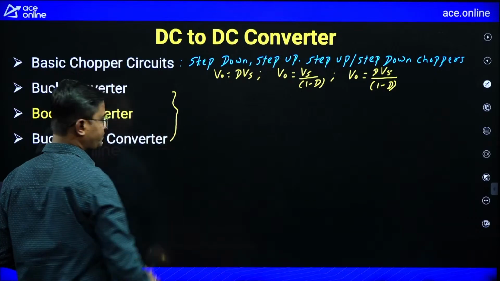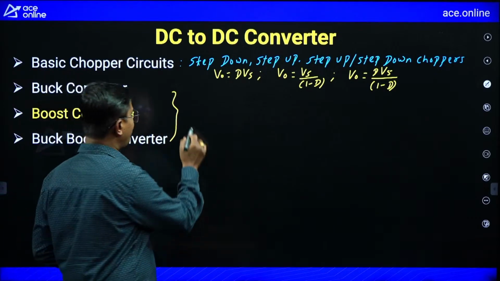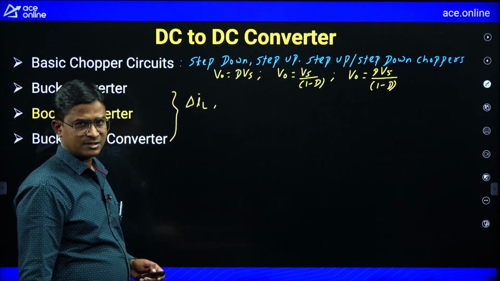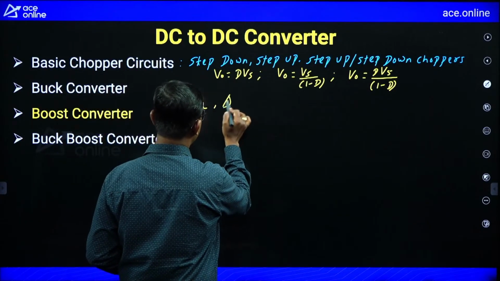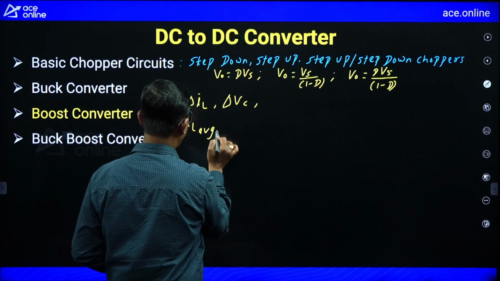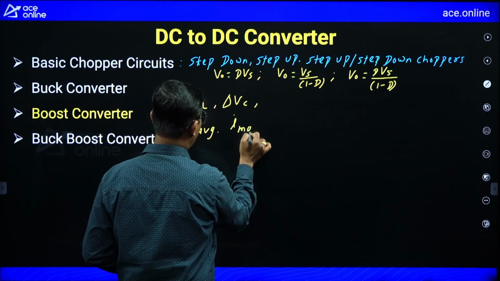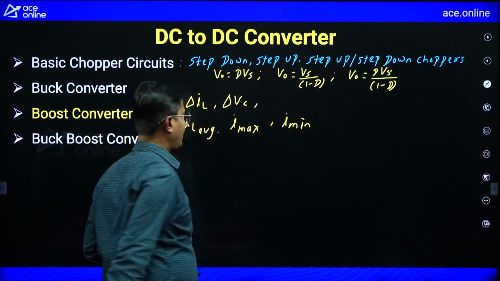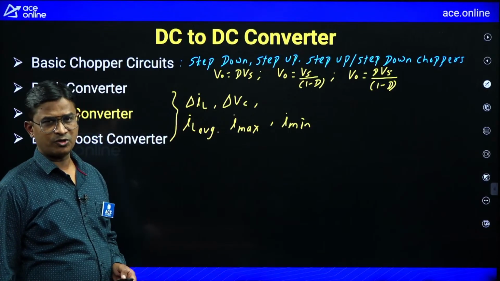I am writing here: delta IL, the ripple in inductor current; delta VC; IL average; maximum value of inductor current; and minimum value of inductor current. These expressions you are required to memorize.